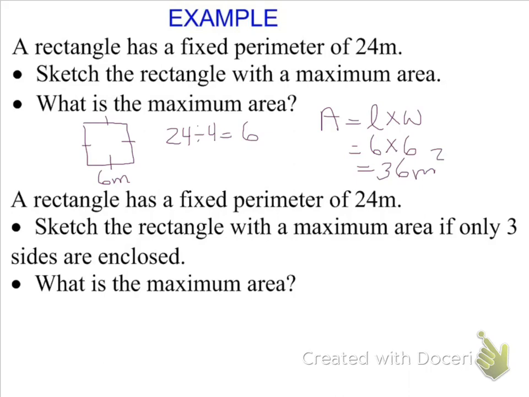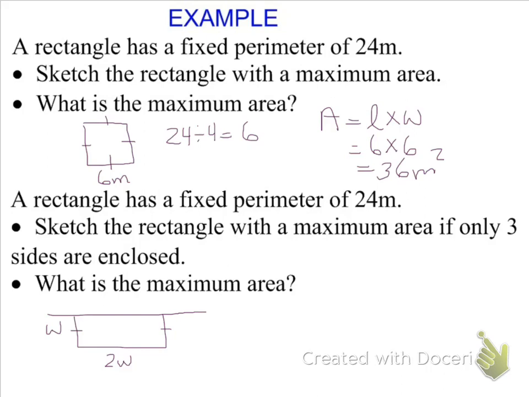If we were able to create this maximum area, but with, once again, a rectangle where there's only 3 sides, but still a perimeter of 24, we know that this length will be the width, and this longer length will be 2 times the width. And these two will be the same length.